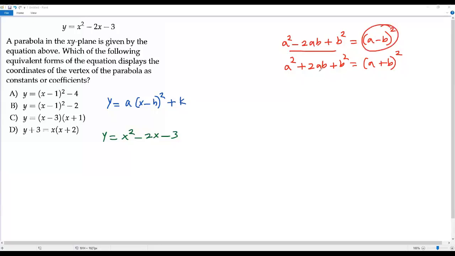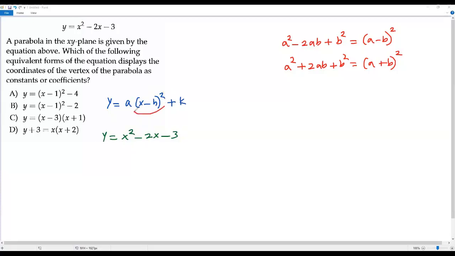That is, a squared minus 2ab plus b squared can be written as the square of a binomial, that is (a minus b) the whole squared. In the second one, we write this trinomial as (a plus b) the whole squared. If 2ab is negative, here we have negative; if 2ab is positive, here we have positive. Our aim is to write the given quadratic function in vertex form. We need the square of the binomial over here, that is (x minus h) whole squared.